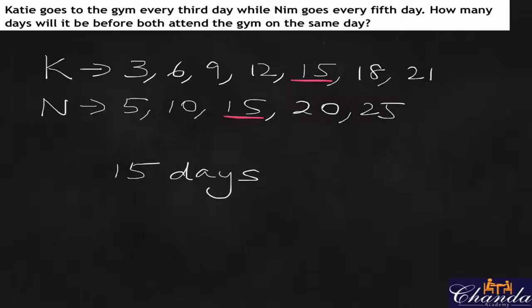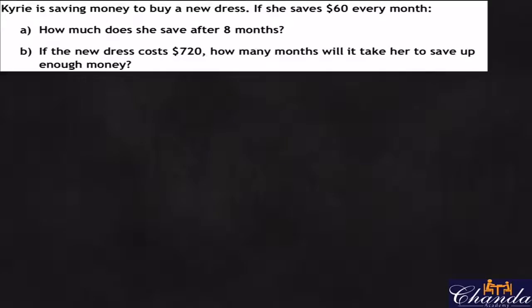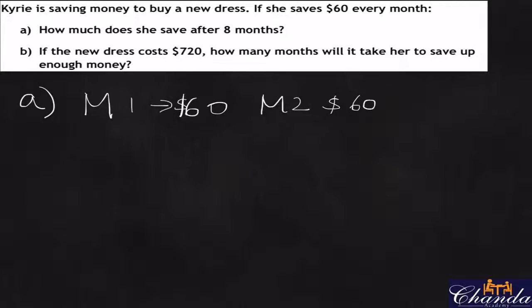Moving on to the next question. We have Kyrie is saving money to buy a new dress. Now, if she saves $60 every month, part A asks us, how much does she save after 8 months? So, if month 1, she saves $60. Month 2, once again, she saves $60.